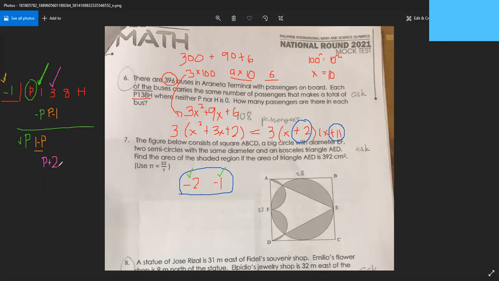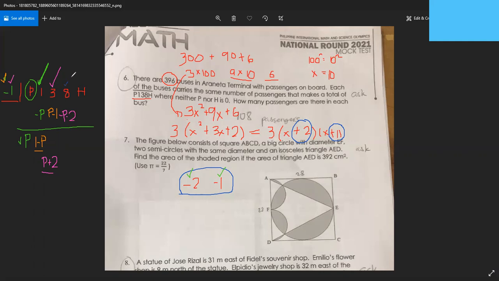Next, same process, multiply P plus 2 to -1, and that would be -P minus 2. And then, again, just like what I've said a while ago, same process. Next, what we're going to do here is to add these two.